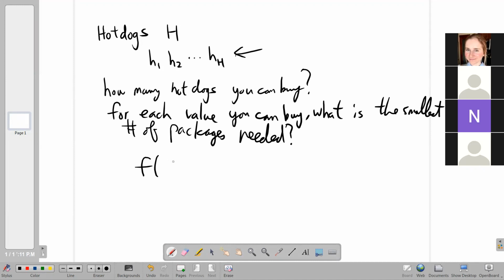So f of some value V, and well, okay, which index do I want? It doesn't really matter.